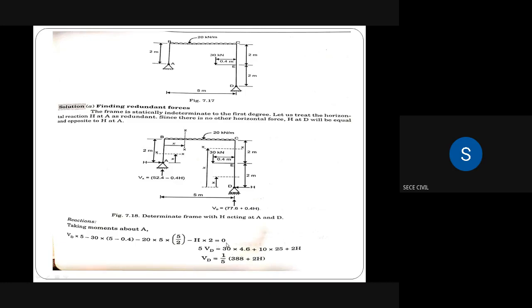After simplifying this equation, there are two unknowns, VD and H, so they calculate VD in terms of H. VD is equal to (388 plus 2H) divided by 5.